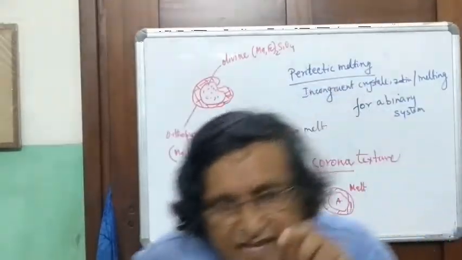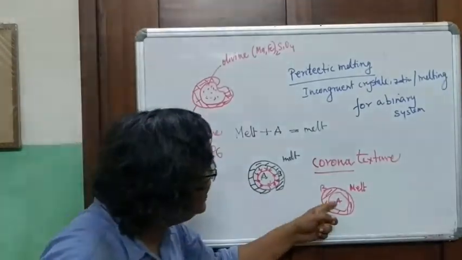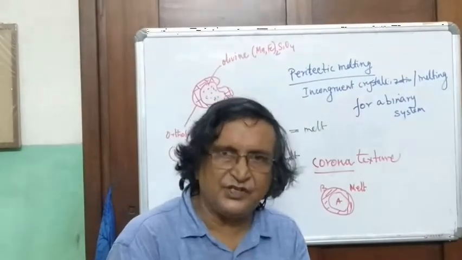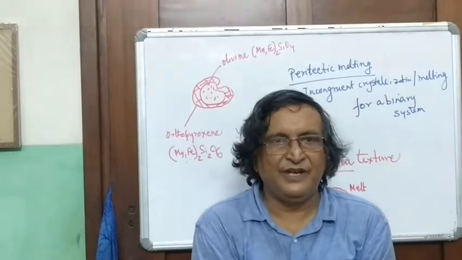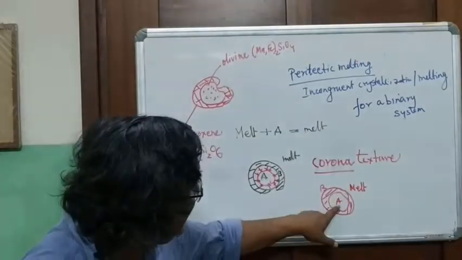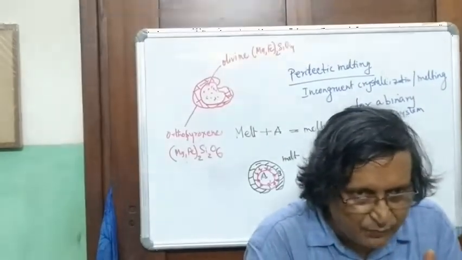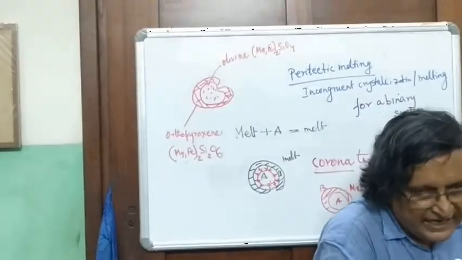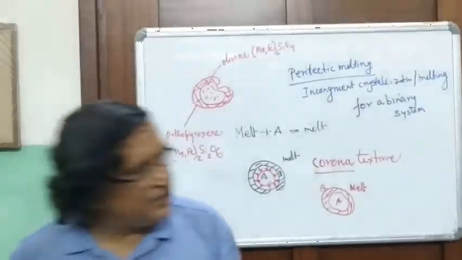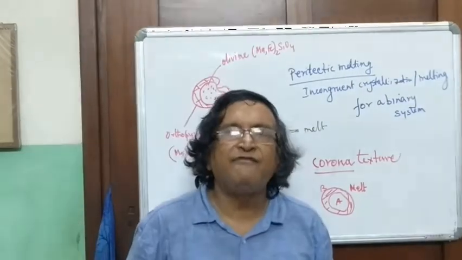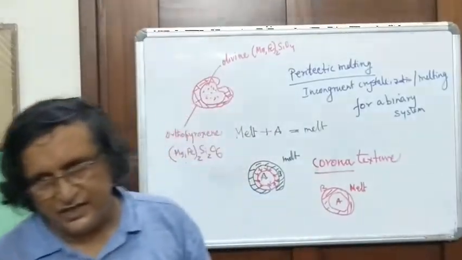This is an ideal case where you have crystal A in the melt, but with a nice coating of B around it, and therefore although A is within the magma, its communication with the melt is completely cut off. This is indicative of fractional crystallization.